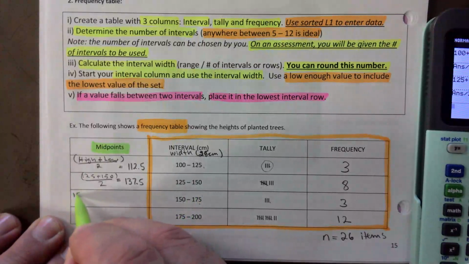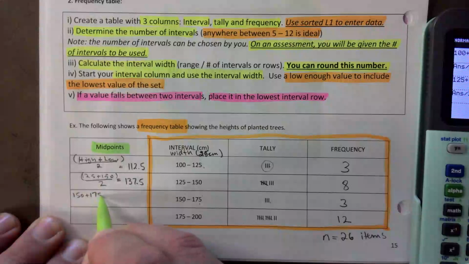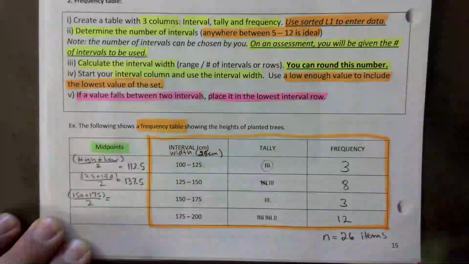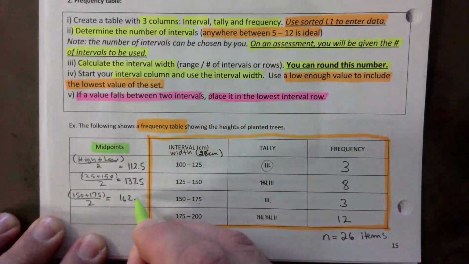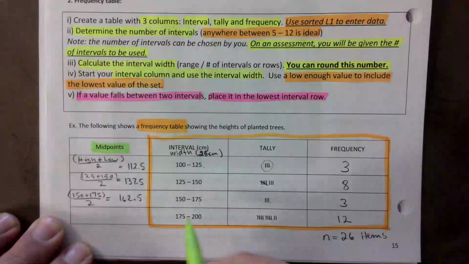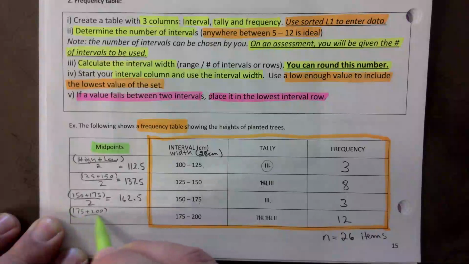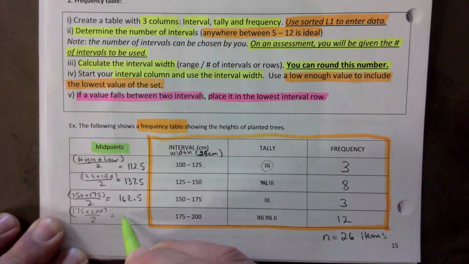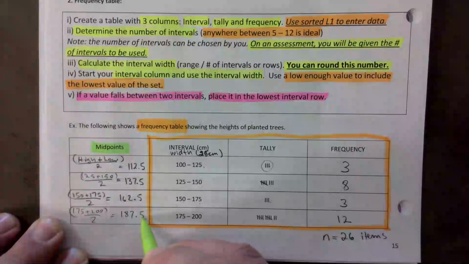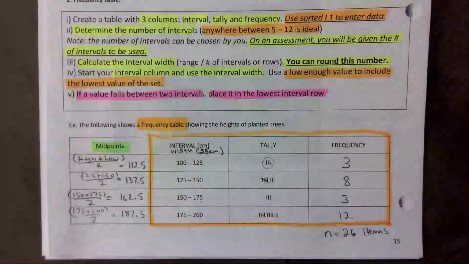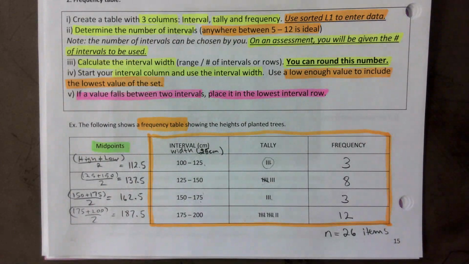Okay, so it's 150 plus 175, divided by 2. That would give you 162.5. Is it in between? Yes, it is. 175 plus 200 divided by 2. That is 187.5. Get used to doing the midpoints, because we're going to need them later on.